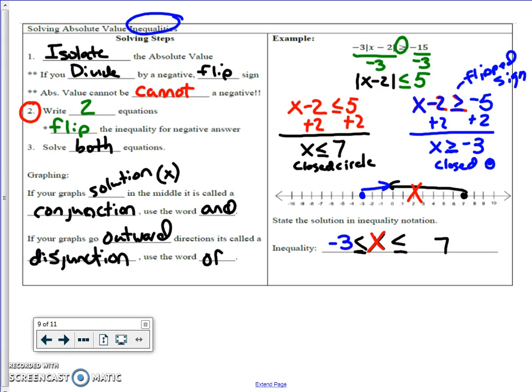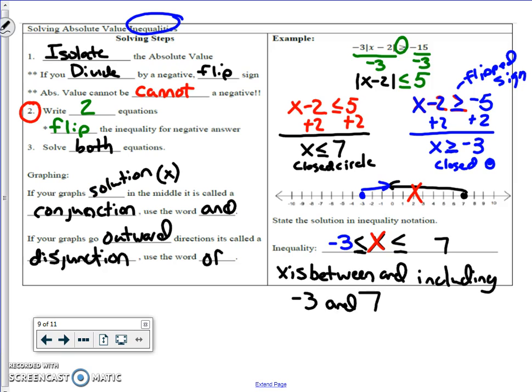And that's how I'd write my solution in inequality notation. Or I could also use the words, x is between and including negative 3 and 7.